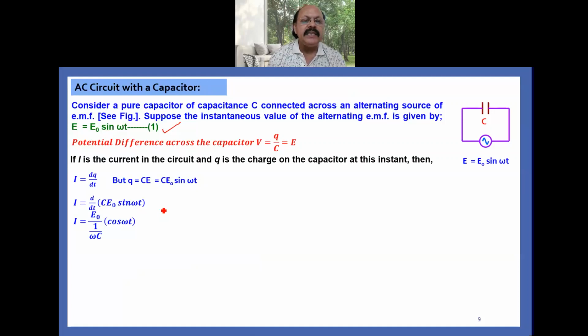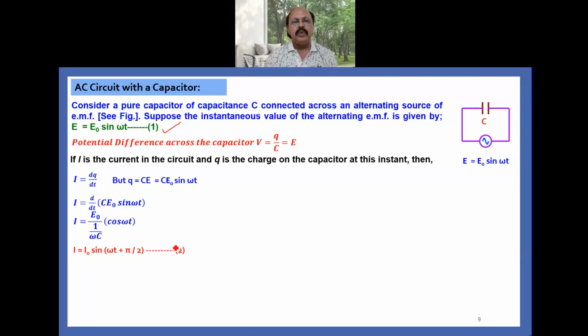Rearranging, I equal to E naught upon 1 upon omega C cos omega t. This 1 upon omega C is called capacitive reactance, represented by Xc, and E naught upon 1 upon omega C is the maximum current. So I equal to I naught, and cos omega t can be written as sin omega t plus pi by 2.